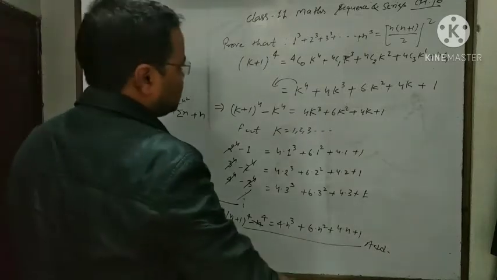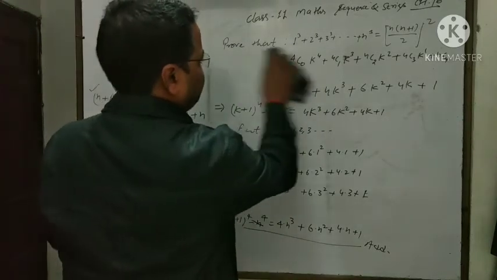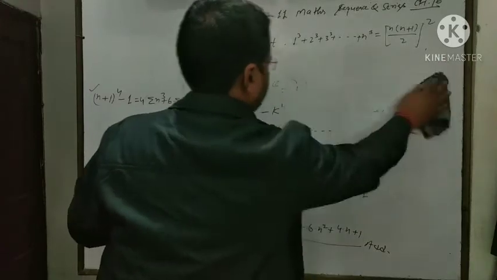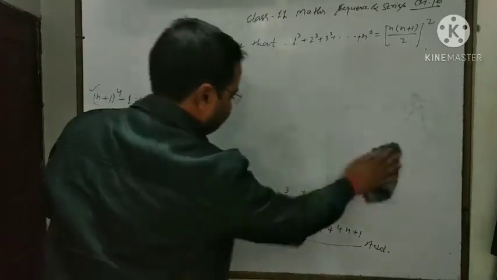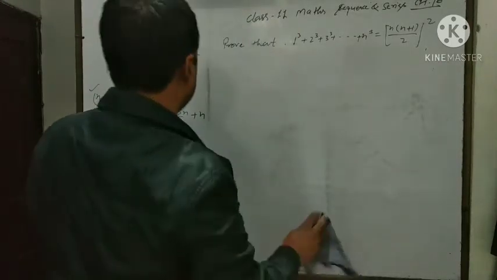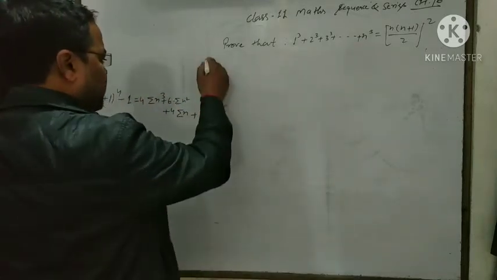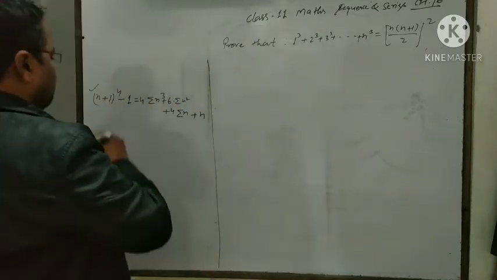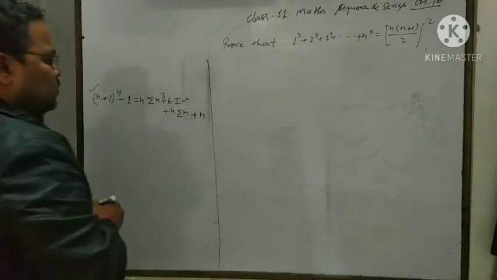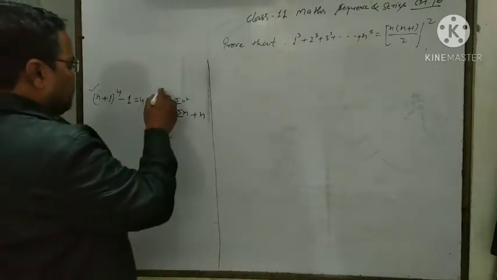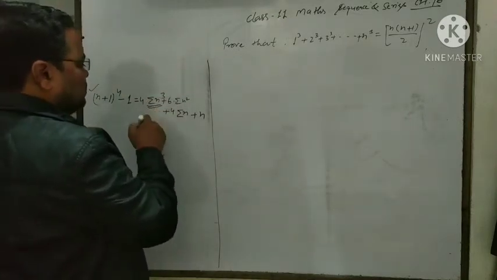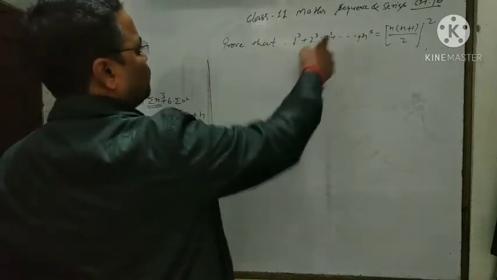Let us remove this now. Okay, then right here we want to find the value of this, because this is 1 cube, 2 cube, 3 cube.